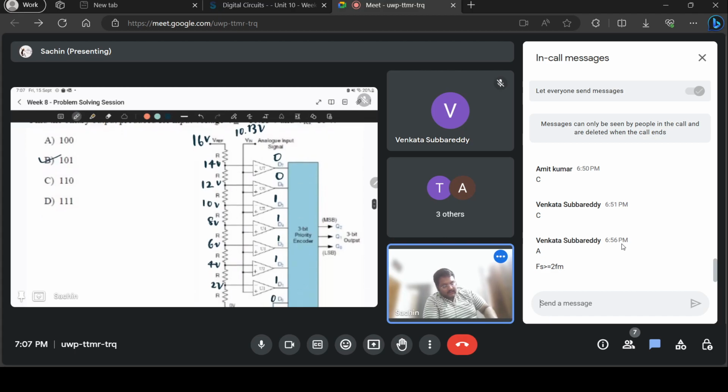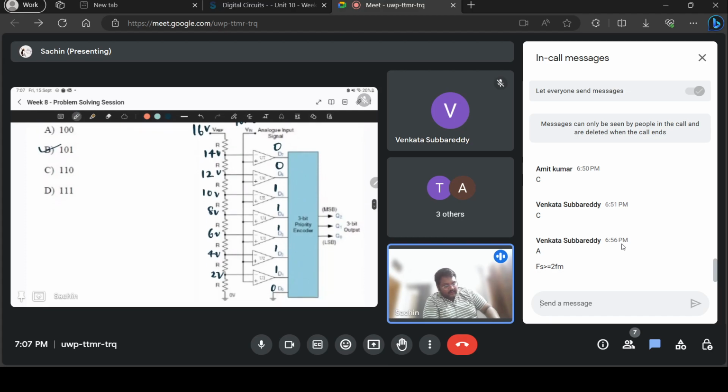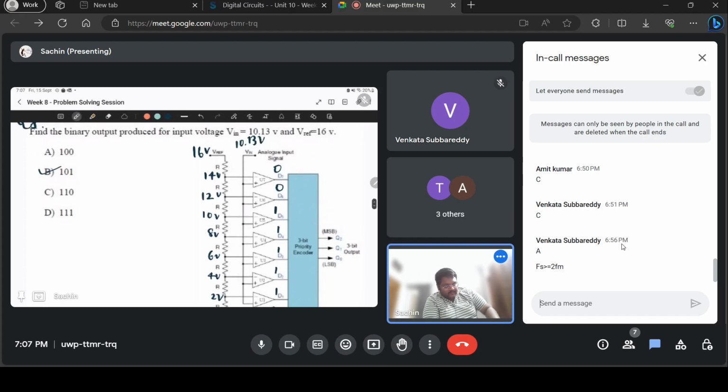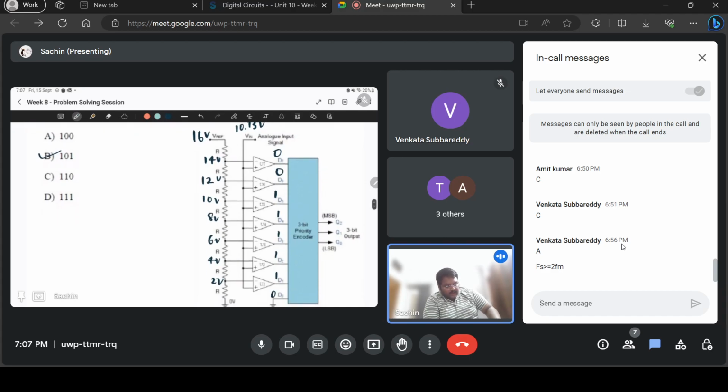So you write down the voltage at the negative terminals of all the comparators. At the positive terminal you have V in, and you compare and you see which comparators are giving you a low output and which of them are giving you a high output.